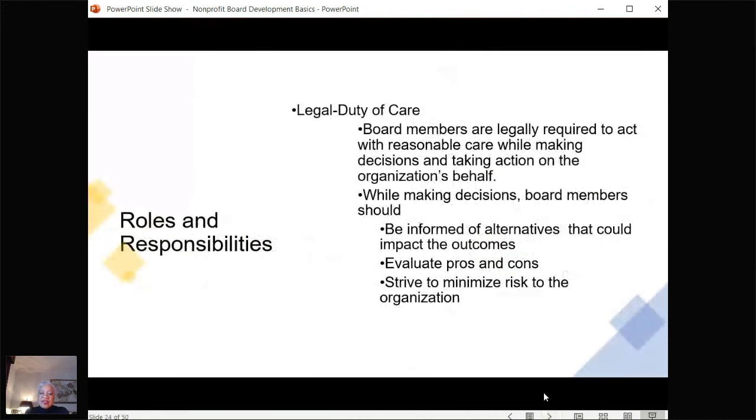So legally, the first duty that board members have is that duty of care, right? So they are legally required to act with reasonable care while making decisions, right? So that means no rubber stamping. Every matter that comes before the board needs to be weighed carefully.